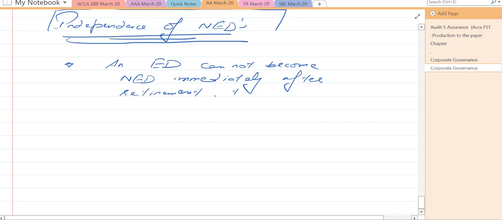So there should be a gap of 2 years, otherwise it is not going to be considered independent.